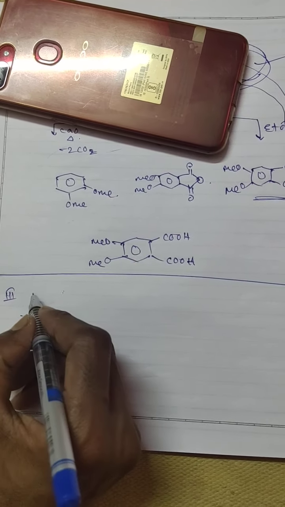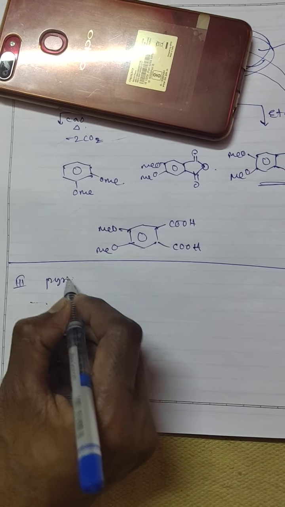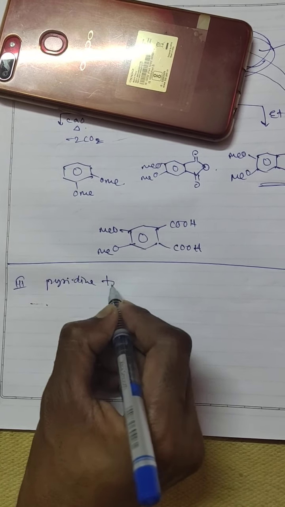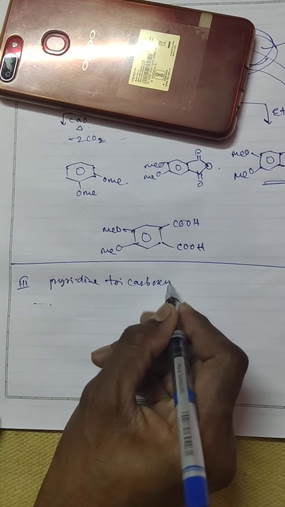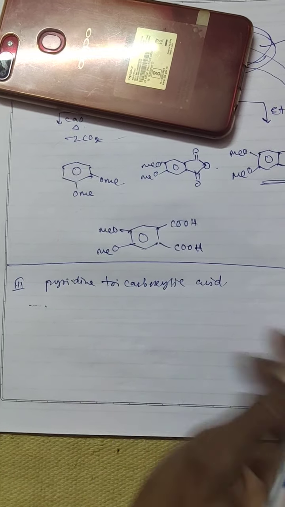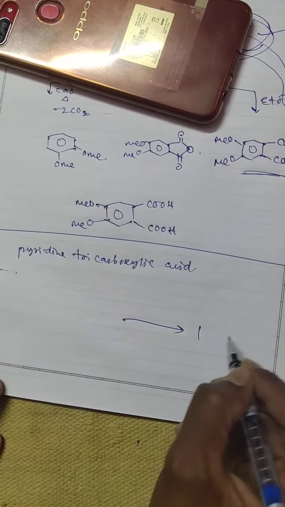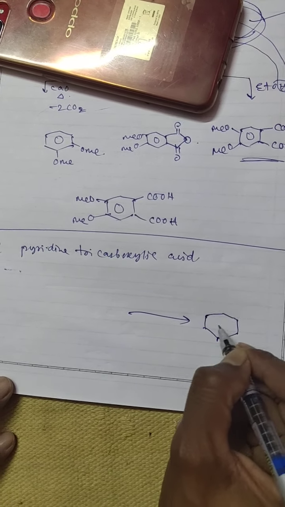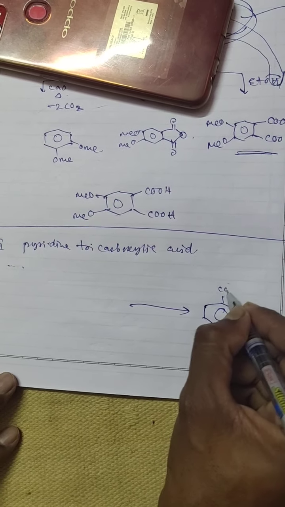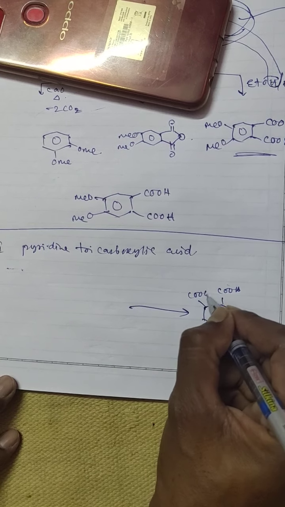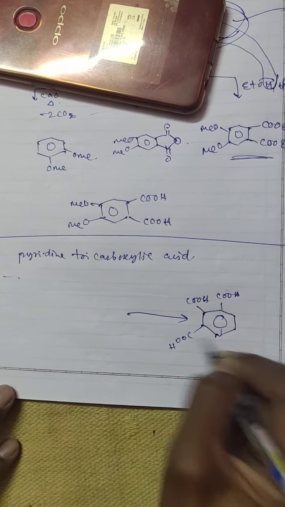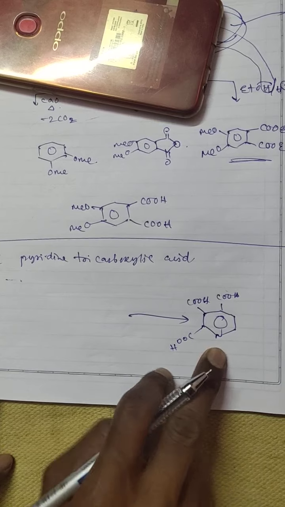Okay, third structure. What is the third structure? Pyridine tricarboxylic acid, with COOH, COOH, COOH. So this is the pyridine tricarboxylic acid.